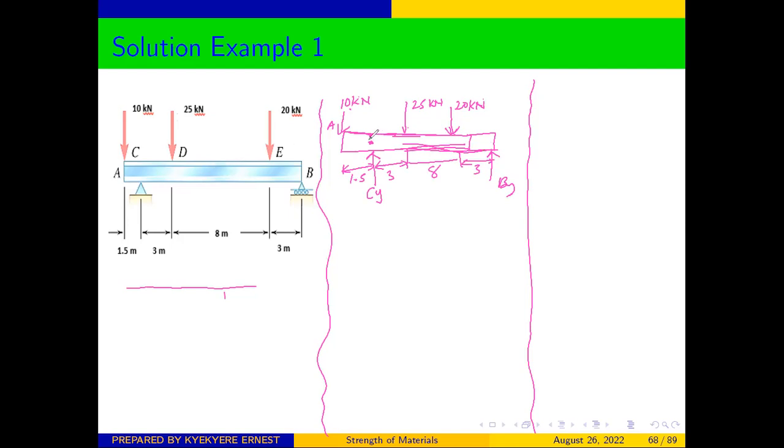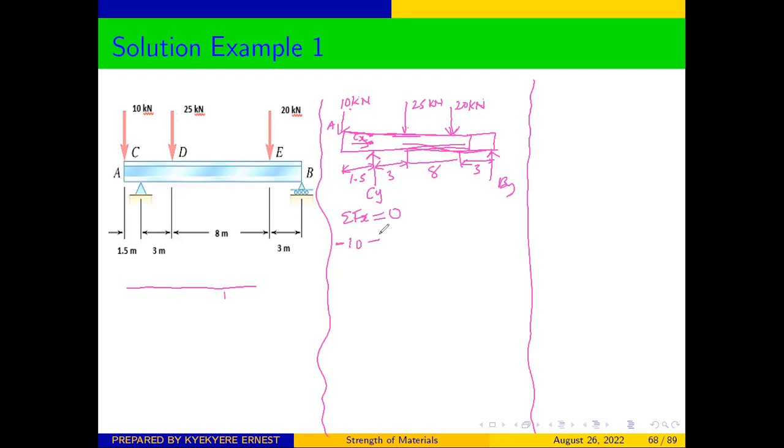So for the pin support, you can even bring the X component here and call it CX. But there's no other force in the horizontal. So sum of forces in the X will be equal to 0. Then from here we can see that the 10 is coming down, so minus 10.